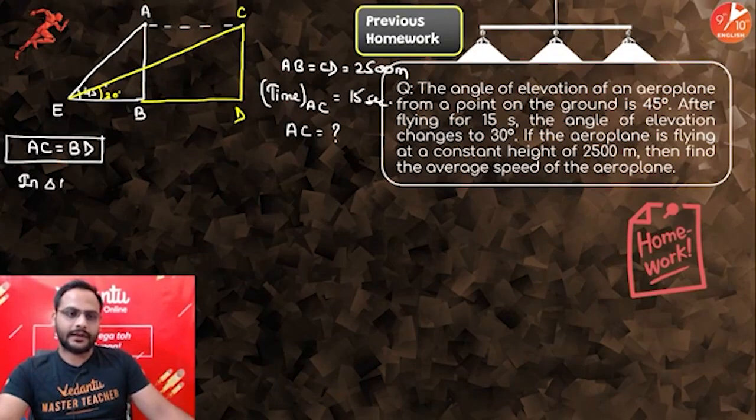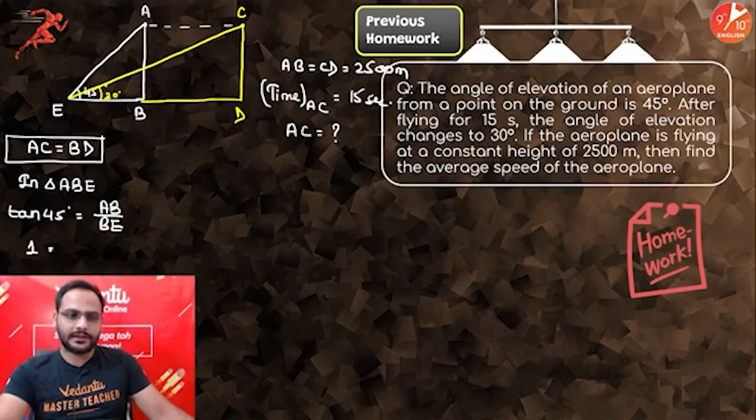we have tan 45 degrees equal to AB upon BE. Tan 45 is equal to 1. AB is 2500 meters divided by BE. So you will be getting BE as 2500 meters.